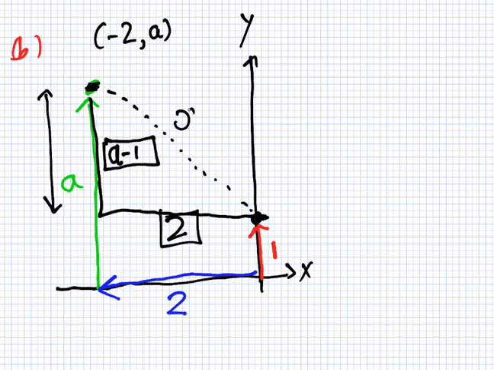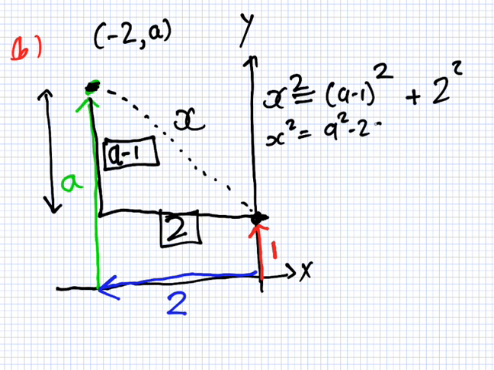If that is 1 meter tall and that's 5 meters tall, then in between will be 4 meters. Right? Okay, so if I use Pythagoras to get this, what's Pythagoras say? X squared equals A squared plus B squared. So in this case, A minus 1 squared plus 2 squared. So I get X squared equals A squared minus 2A plus 1 plus 4.